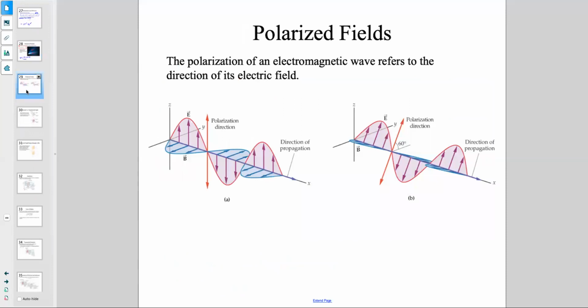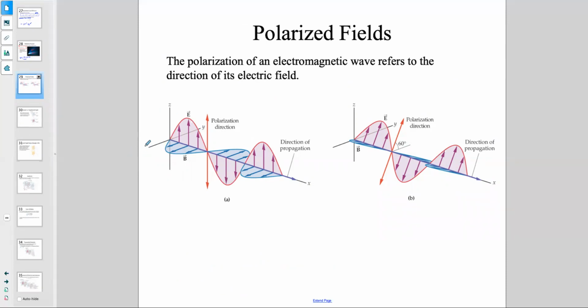So, polarized fields. The polarization of the electromagnetic field refers to the direction of the electric field. So whichever direction that the electric field is located at, that's the polarization of that electromagnetic field. So here I have an electric field that is along the z direction, and a magnetic field along the y direction, okay?